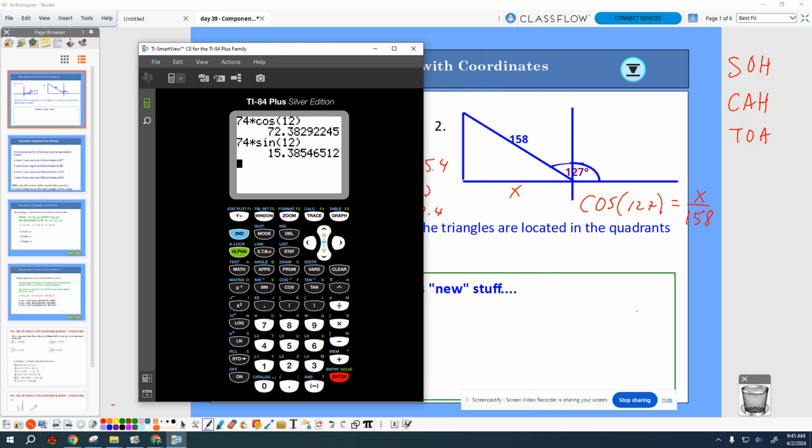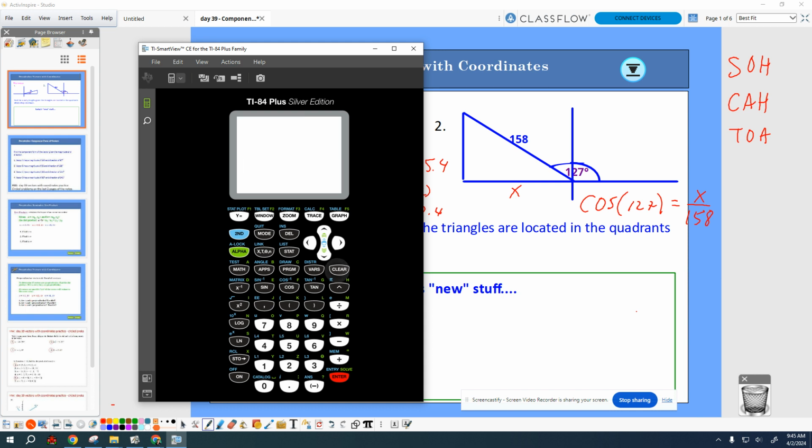First of all, is the x value going to be positive or negative? Negative. So it's going to the left of the origin.